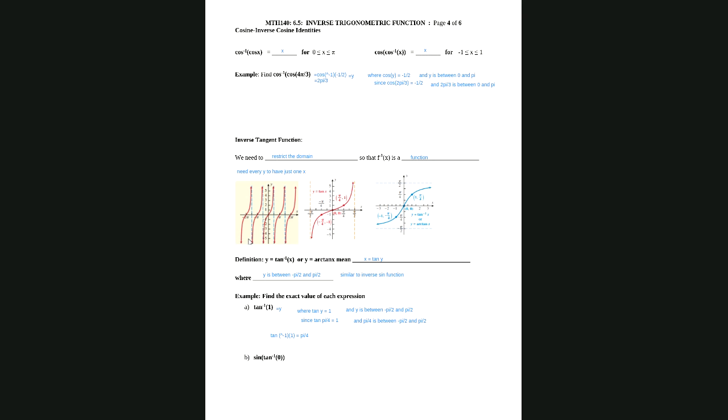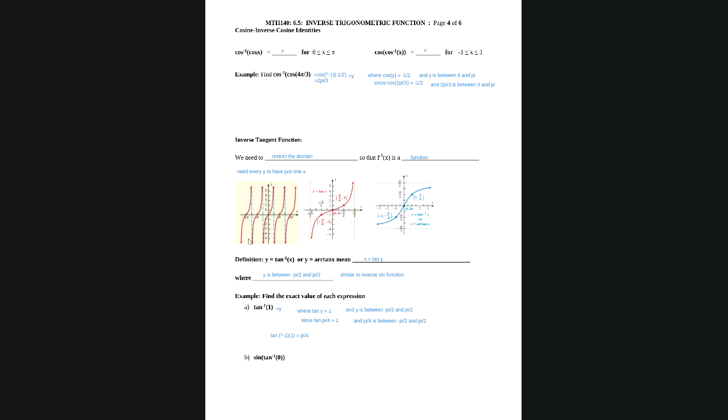Okay. And now we're putting together a couple trig functions. Previously, we've done things like the sine of the inverse sine or the cosine of the inverse cosine. Now we're going to mix together inverse tangent with sine. So we're not going to use any of the identity functions on this one, but we're just going to figure out the inverse tangent of 0 first.